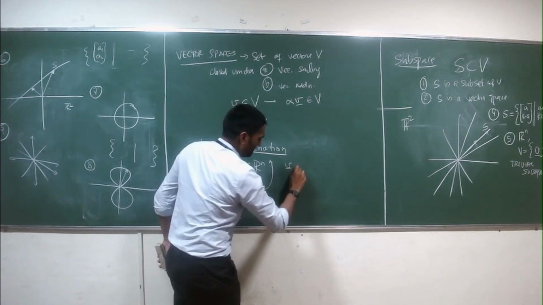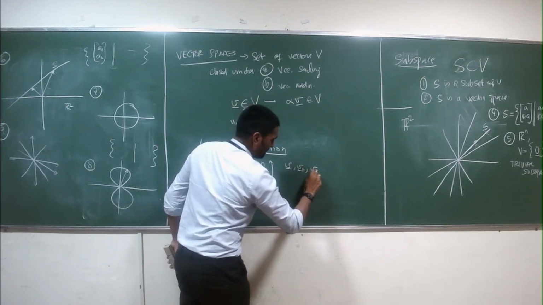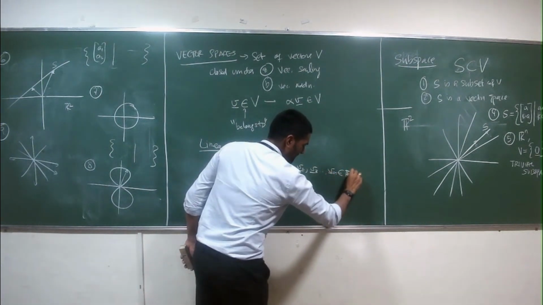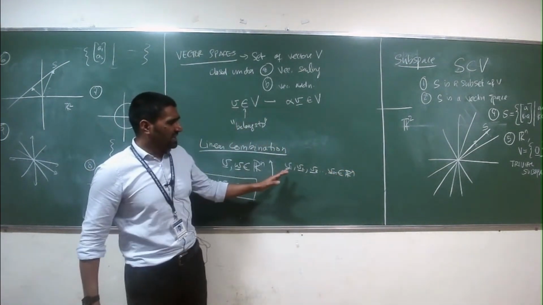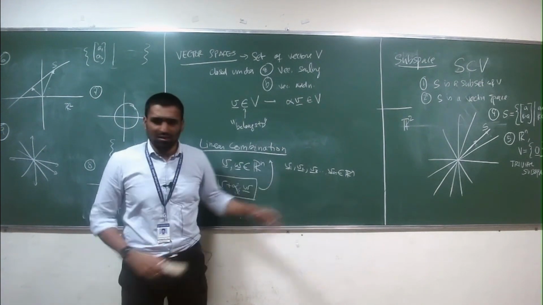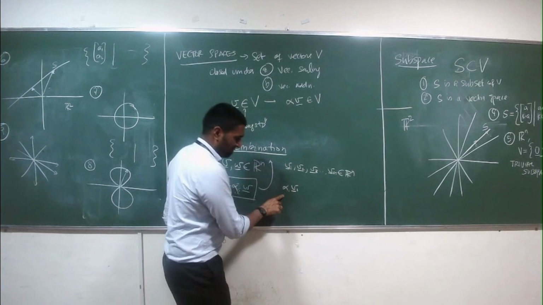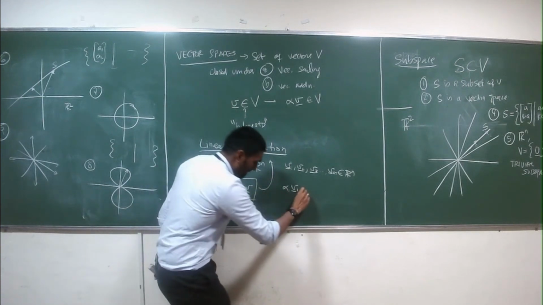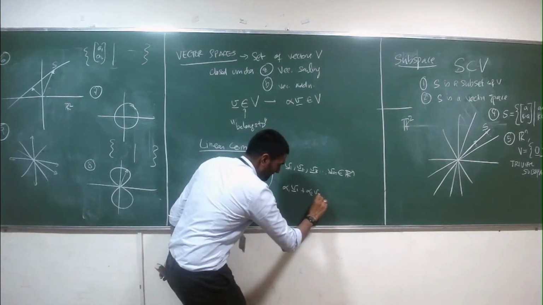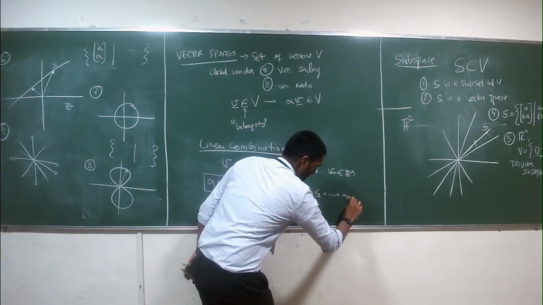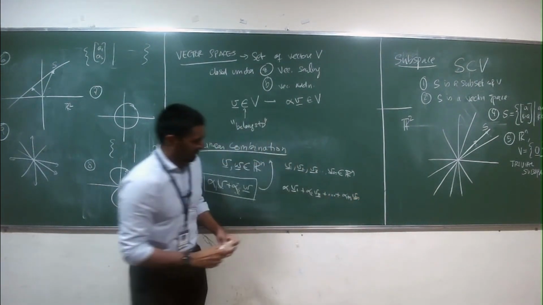It could be v1, v2, v3, so on and so forth to vm, all of which belong to Rn. If you say you're taking a linear combination of these vectors, all you're doing is taking the first vector, multiplying it by some number alpha 1, and then v2 by alpha 2, up to vn.